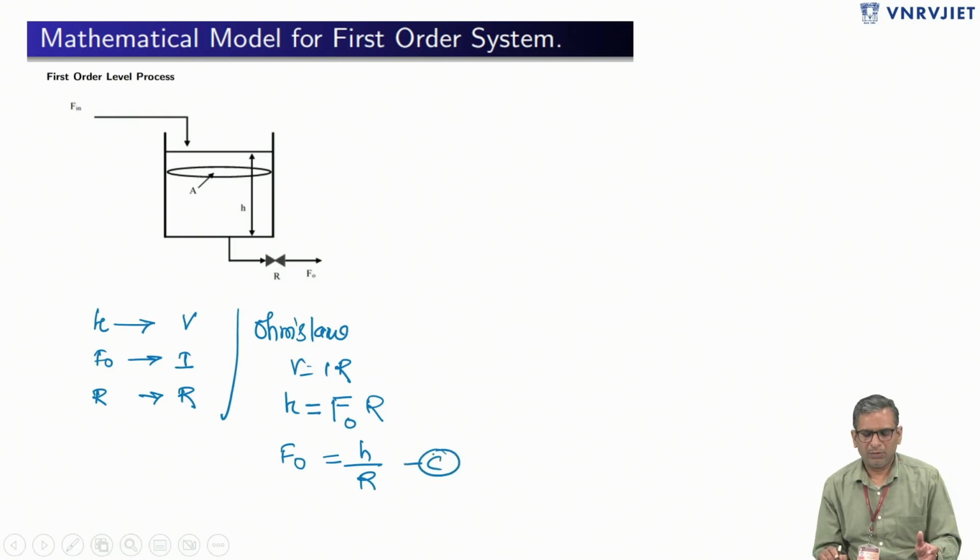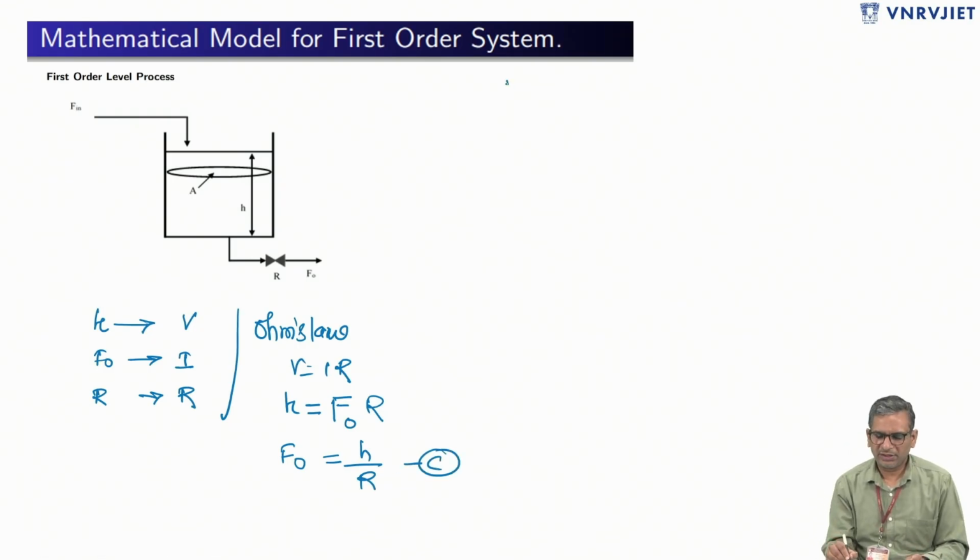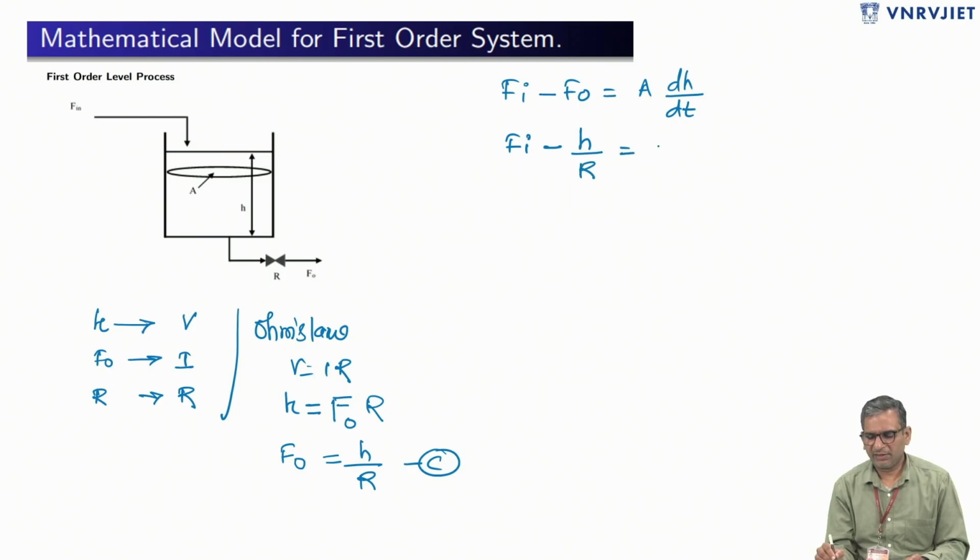Now we'll rewrite equation B, that is input flow Fi minus F naught is equal to area A into dH by dt. Here we substitute the value of F naught, the output flow, which is represented by H by R, so Fi minus H by R equals A into dH by dt.